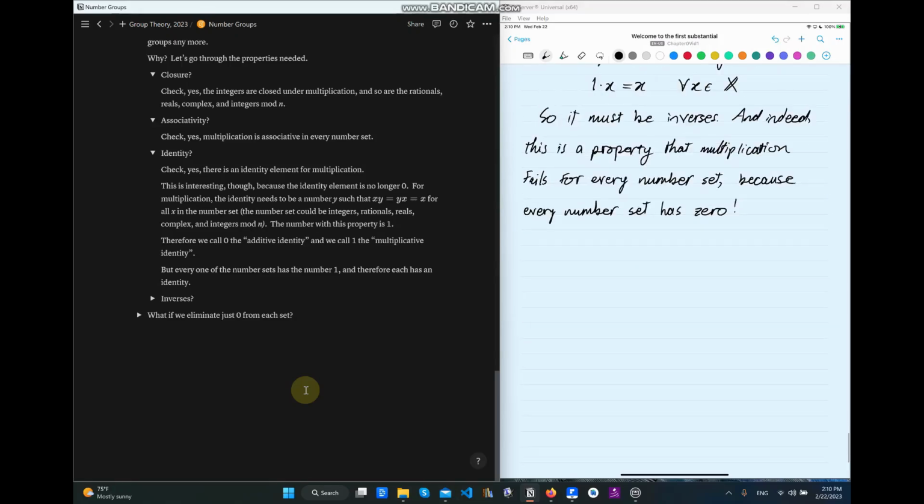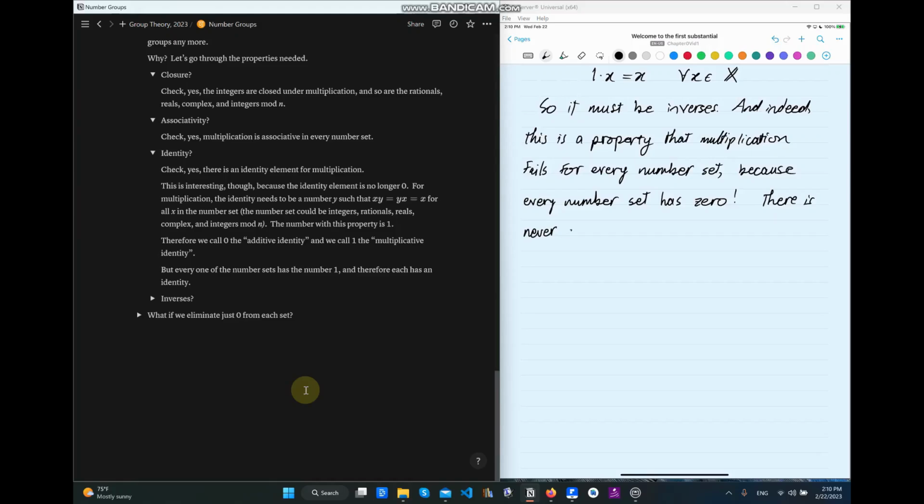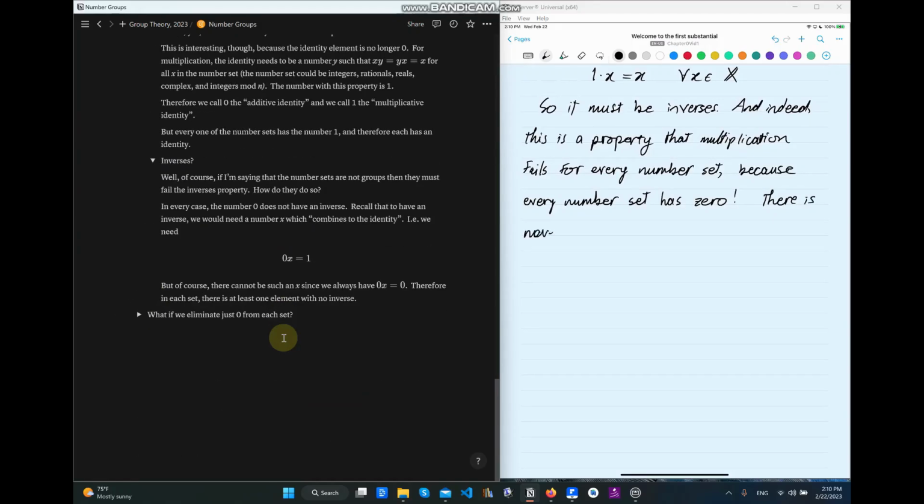There is never a multiplicative inverse of 0, i.e. there is no number x in any number set, which could be the integers, rationals, reals, or complex, such that 0 times x is equal to 1, which is what we need for a multiplicative inverse. By the way, this is the same as the fact that you can't divide by 0.